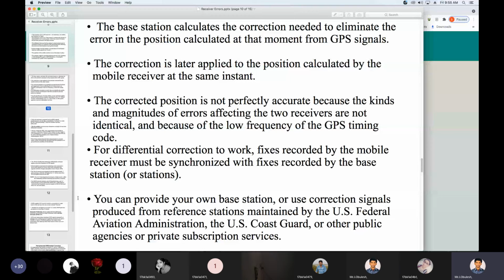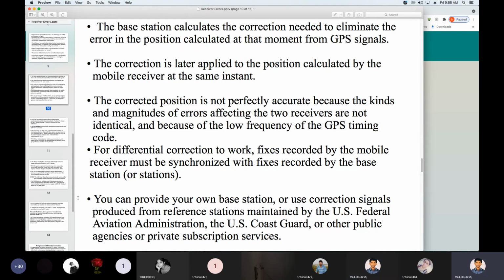The base station calculates the corrections which are needed to eliminate the error in the position calculated at that moment from the GPS signal.